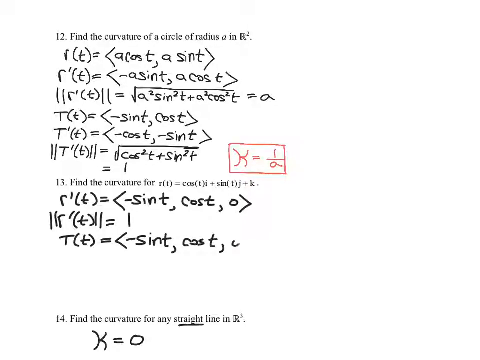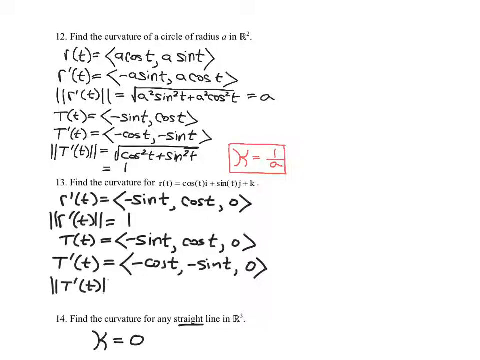T prime of t is the derivative of that, which is negative cosine t, negative sine t, and 0. And its magnitude, same ingredients. Again, you start relying on this information so that you can skip a whole bunch of steps.